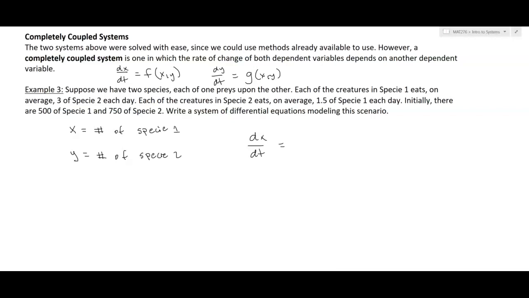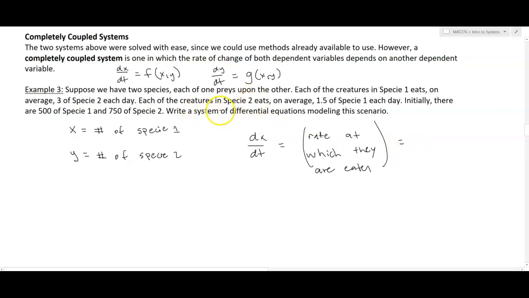So dx dt from the given information will only be the rate at which they are eaten. Okay, so that's going to be a negative rate of change because it's going to lead to a decline of this species. Again, we're not accounting for reproduction or anything like that. We're just looking at a simpler version of this, just so that we can see how these models are going to depend on each other.